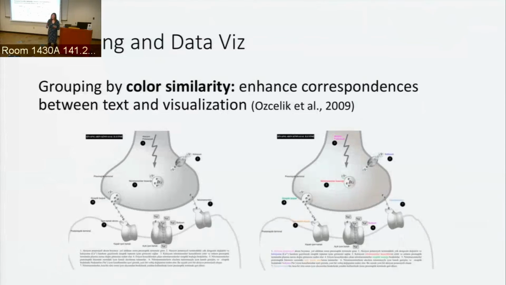Okay. There's also grouping by similarity, which in most cases in data visualization has to do with color similarity. So the idea here is that when you have the same color in, for instance, a data point and an axis label or a title or even a legend, right?